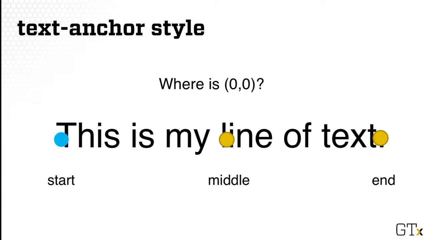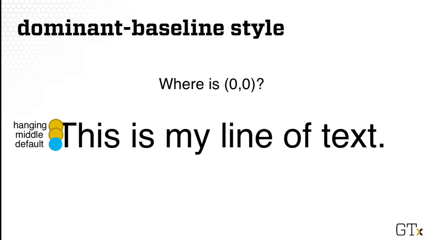For text anchor, if you do not change the default, then it is on the left side, so we call it start. That's basically our 0, 0 coordinate for the text block. Similarly for the baseline, if you do not do anything, then it's at the lower left. But you can also change it to middle or hanging. If you change it to hanging, then the top left becomes the 0, 0 point.